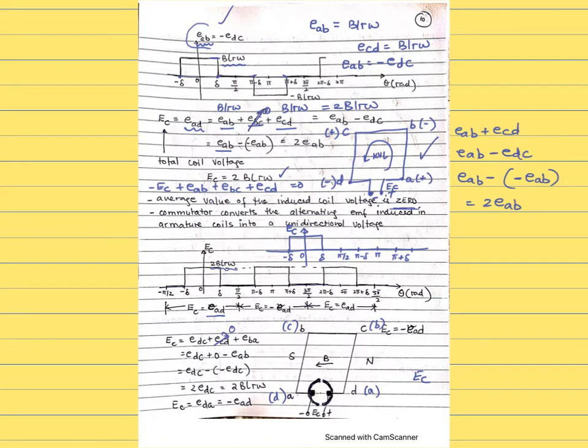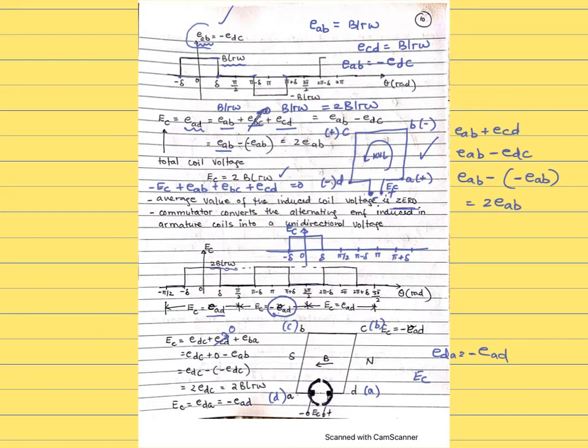So EDC minus EAB, or plus EBA. And its value is again 2BLR omega, which is from D to A now, but you can also see that EDA is the negative of EAD.